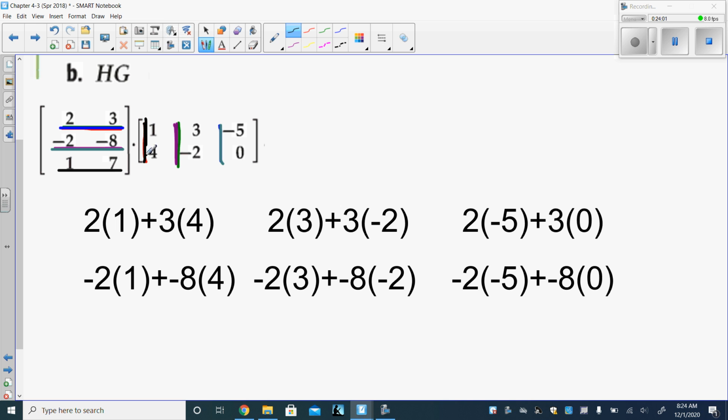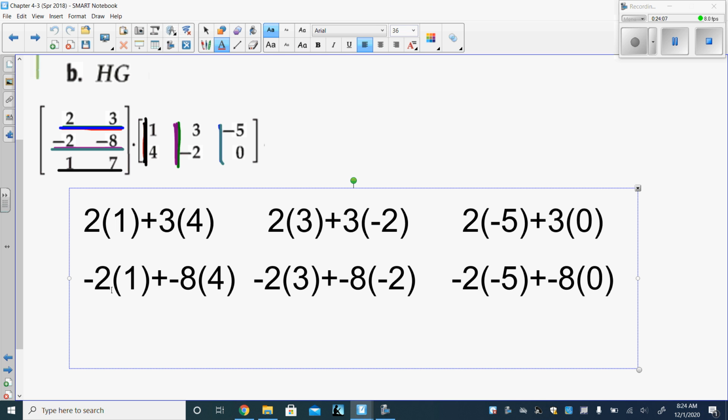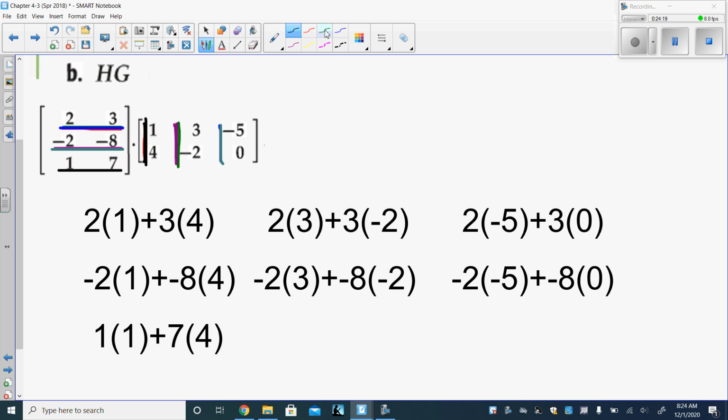So we're going to do 1 and 7, 1 and 4. So we're going to repeat it again, which would be 1 times 1 plus 7 times 4. Now we're going to move on and do 1 and 7, 3 and negative 2. So we're going to do the next set.